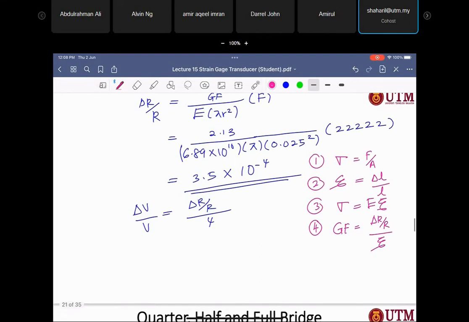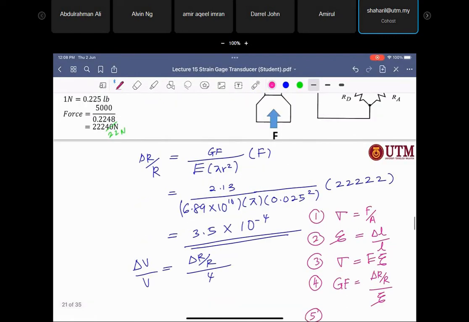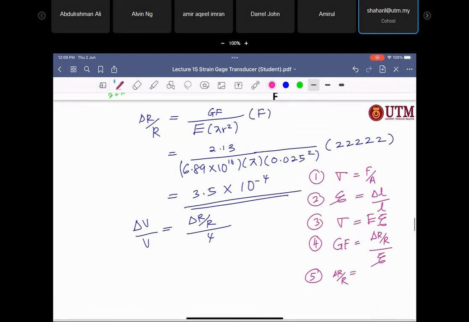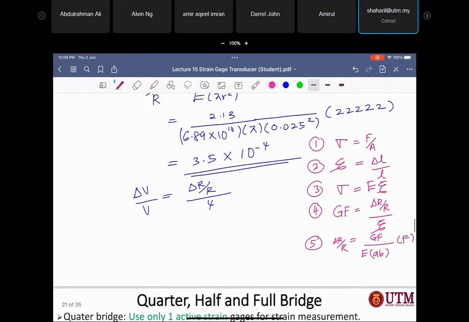Then formula number 5, when we attach our strain gauge on a material, for example when you want to build a load cell: delta R over R is equal to gauge factor over Young's modulus, because you apply it on that material, and over AB, the area, times the force. So this is the axial load cell, right?